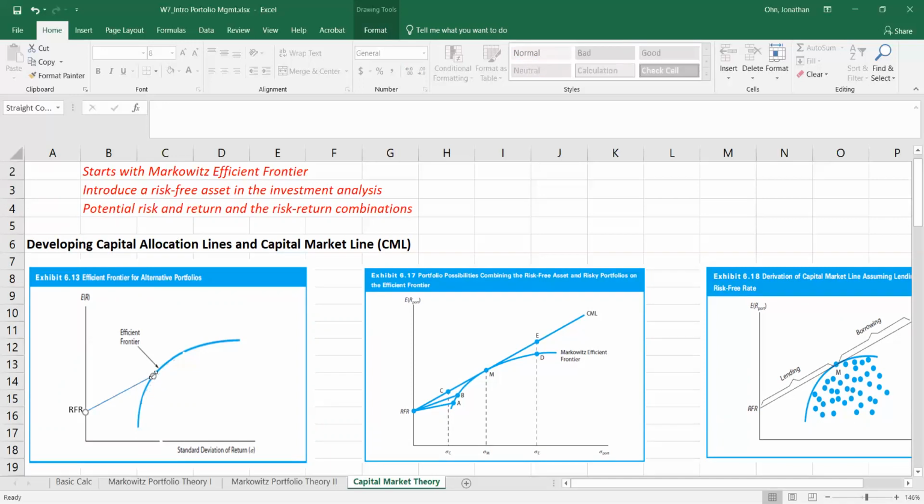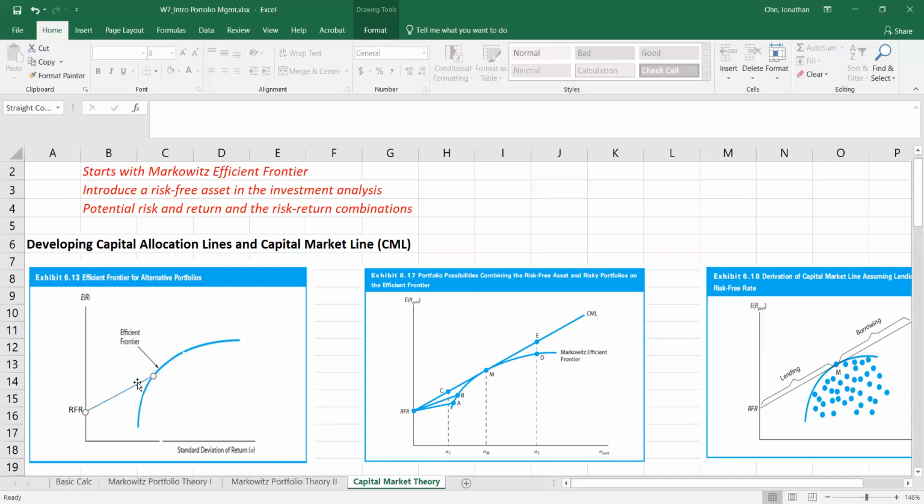So if you divide your capital 50% on the risk-free asset and 50% on this risky portfolio, the midpoint is your portfolio, right? If you invest like 80% of your capital in this risky asset here and 20% in the risk-free asset, it should be located about 80% of the way here.